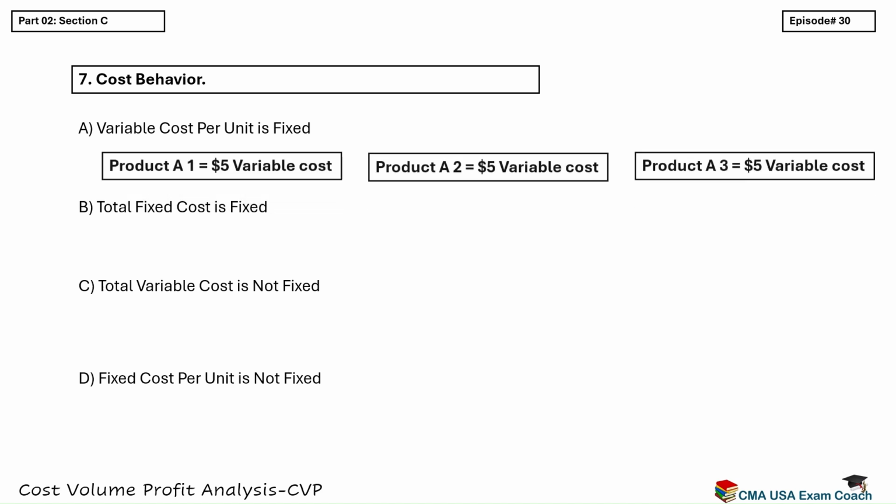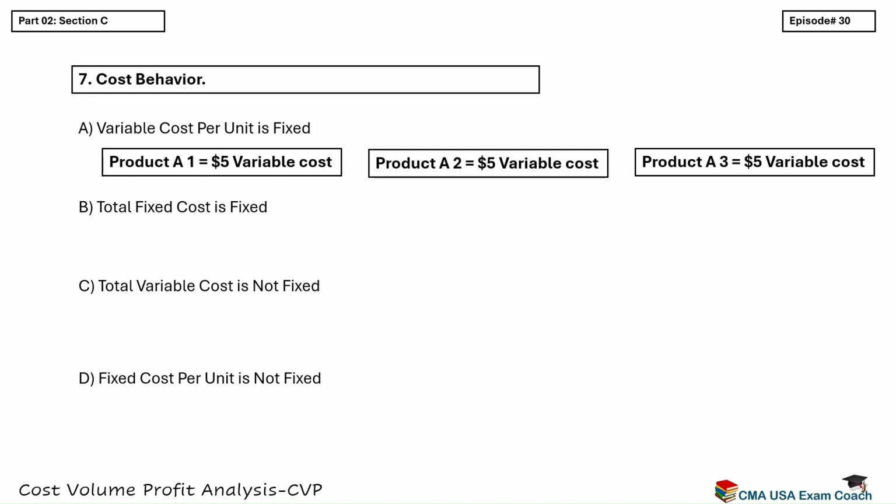For example, if it costs $5 in material and labor to make 1 unit, it will cost $5 for the second unit, $5 for the third unit, and so on. There is no increase or decrease in cost per unit, regardless of how many units are produced. So, in CVP analysis, we assume constant variable cost per unit.